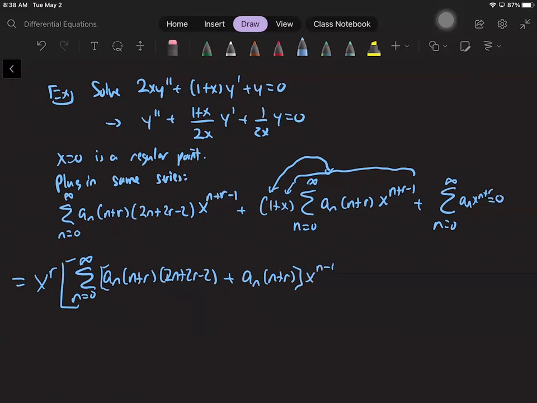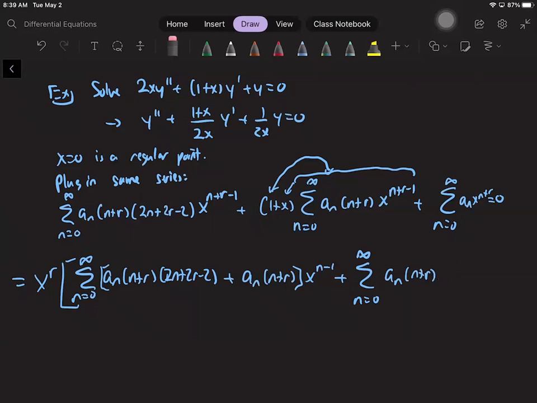Okay, and then the other two series are both going to be x to the n, because the x multiplies in to give you x to the n plus r. I took out the x to the r. The other one was already x to the n plus r. So they're the same power. So I'm going to combine these two now. Oops.